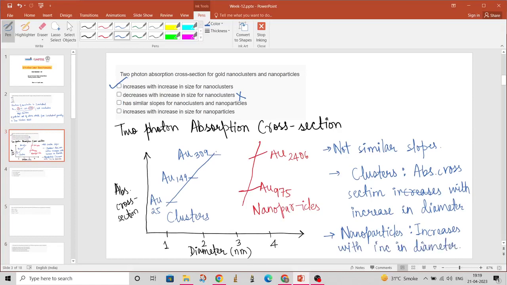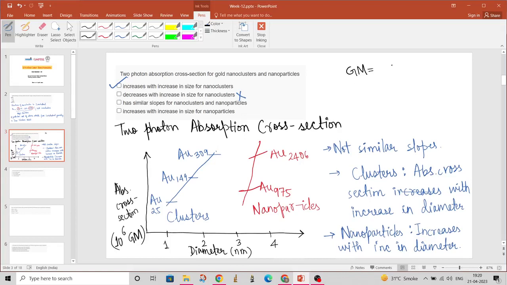Here the absorption cross section was in the unit of 10 to the power 6 GM.